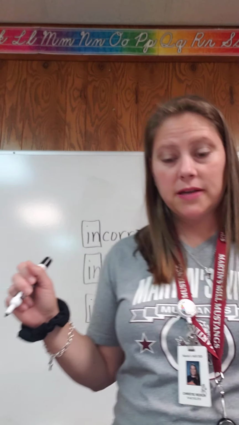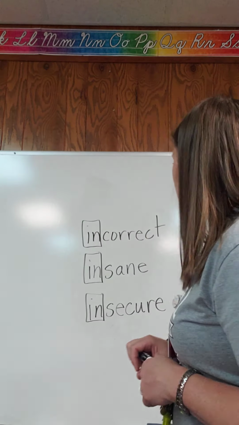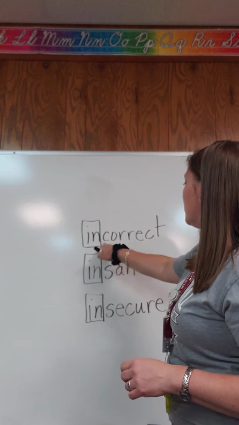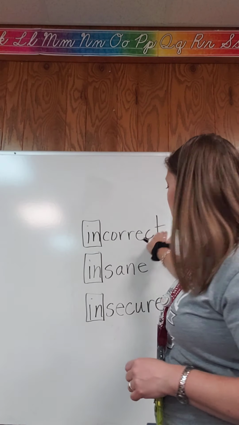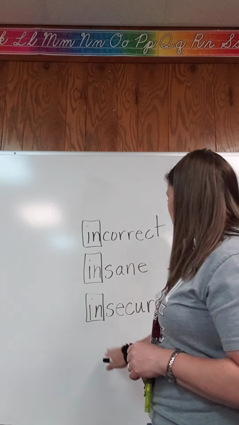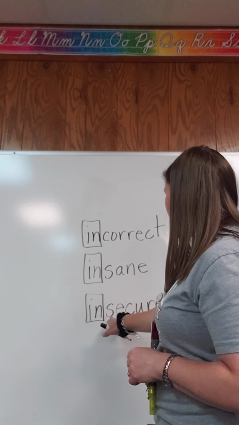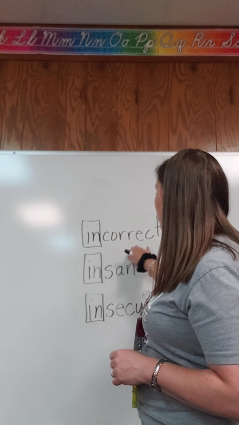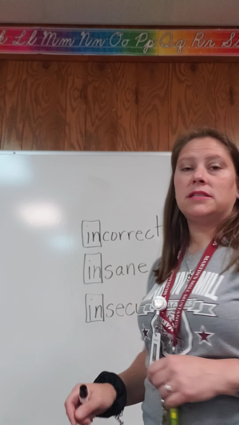In is the prefix on each of these words. Okay, if you take it away, this one's incorrect. You're left with base word correct. Insane, you're left with base word sane. Insecure, take it away, you're left with the base word secure. Okay? So incorrect, insane, insecure.